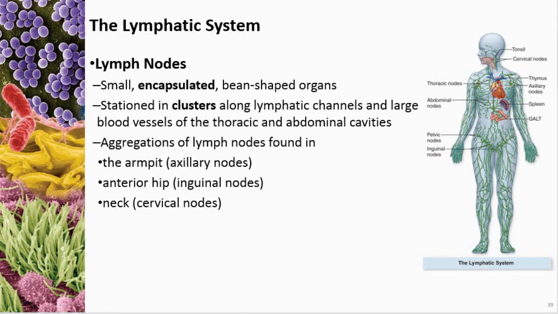When you get a head cold, those lymph nodes are fighting off infection, and so they get sore and swollen. But as I had mentioned earlier, the hands and the feet are other common pathways. So that's where you'll see large clusters of these lymph nodes.